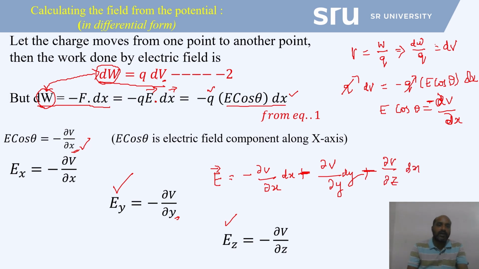And if it is only along one direction, then we take the partial differentiation, minus dou V by dou x. Now see, this is the differential form, I mean the relation between electric field intensity and electric potential in differential form.